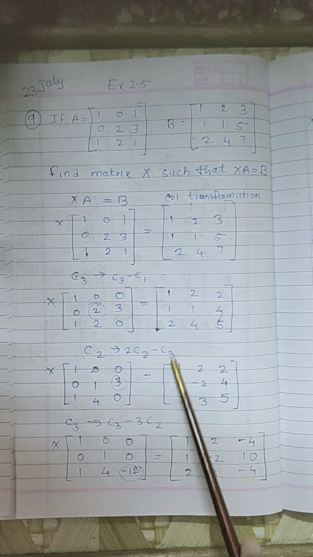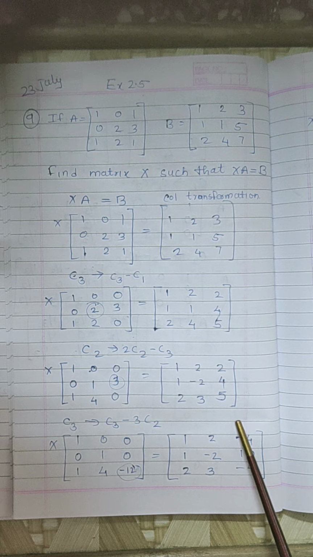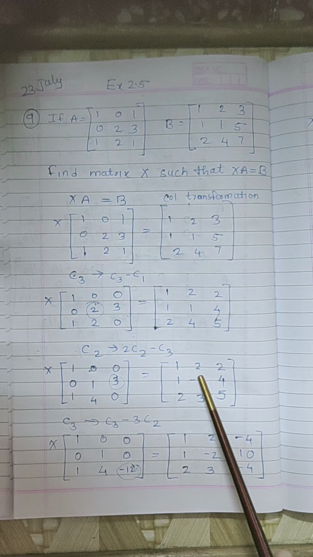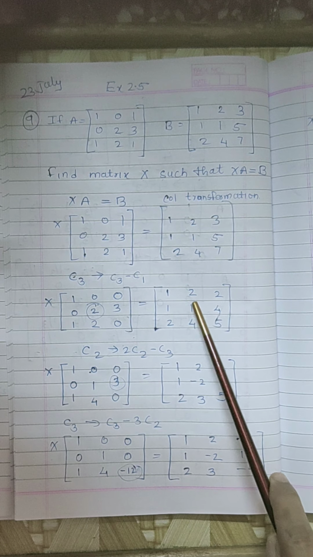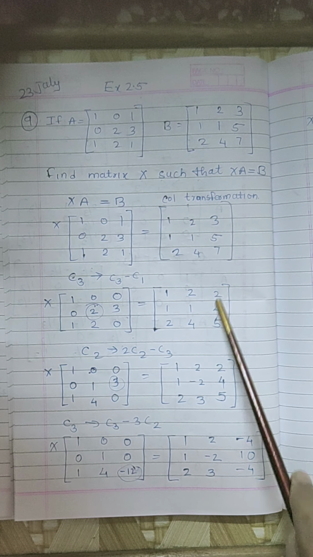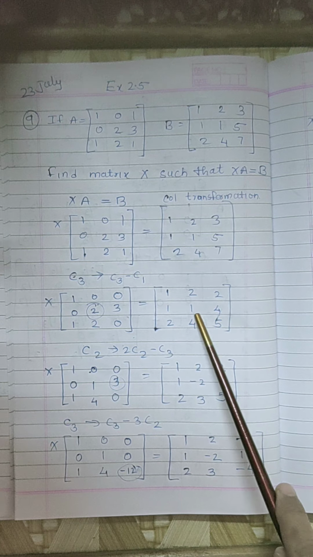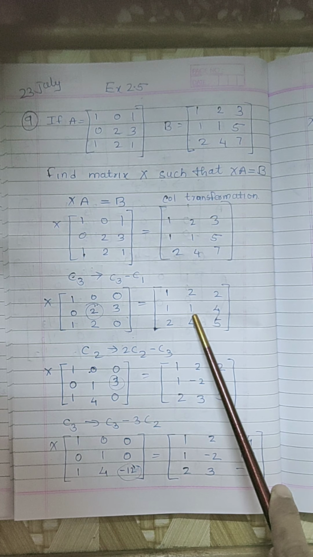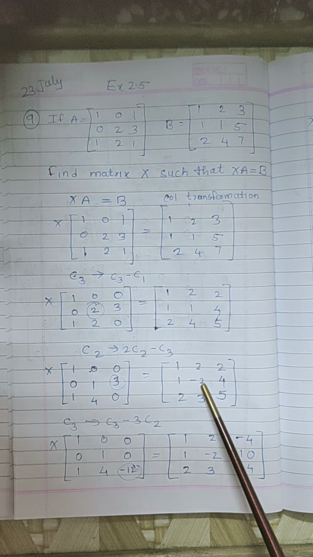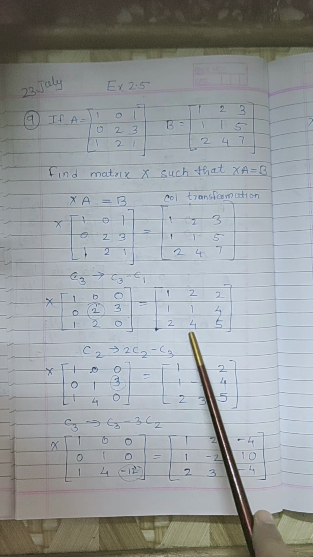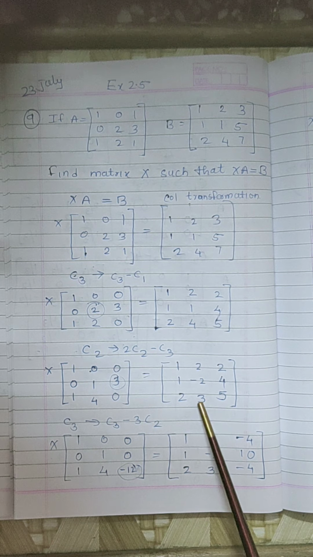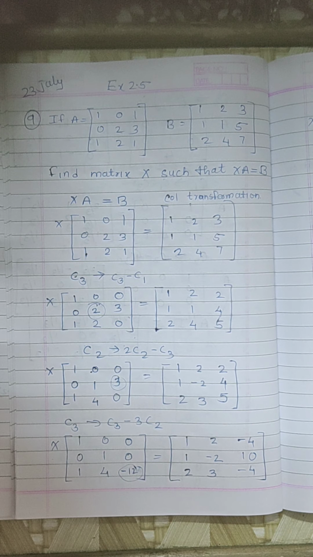Here also C1 and C3 write down as it is. Now C2 is 2C2 minus C3: 4 minus 2 is 2, and 4 2s are 8, 8 minus 5 is 3. So on both sides we have done the same transformation.